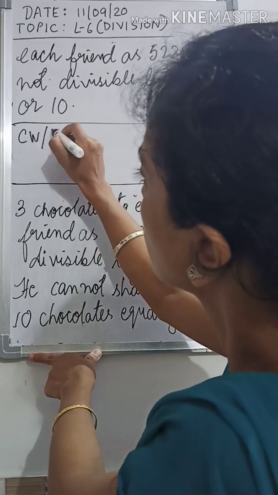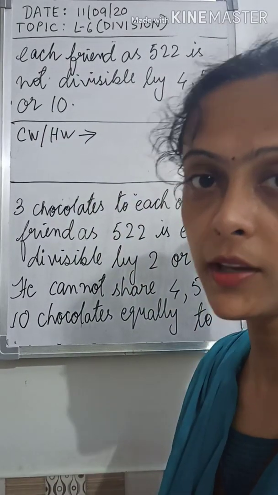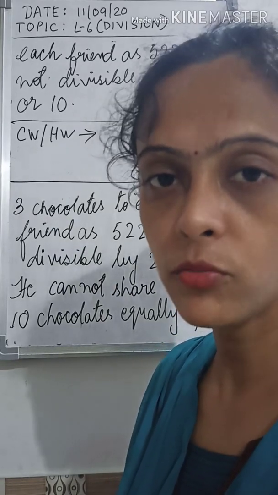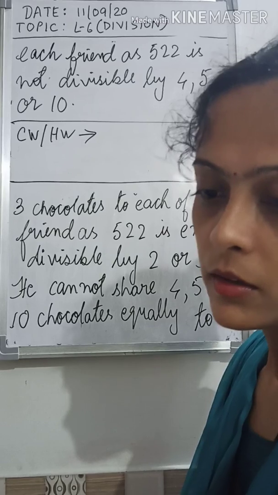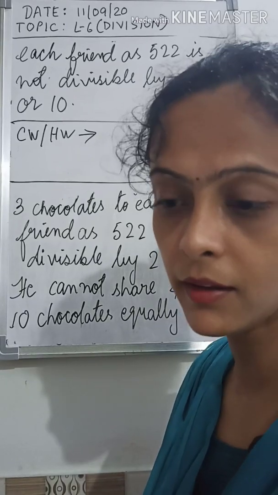So classwork or homework, that means if you wish to do it right now after watching the video, you can do it now, or also you can do it for your homework, but submit on time by tomorrow, okay? Or you can also submit it by the day after tomorrow, but don't make it pending.